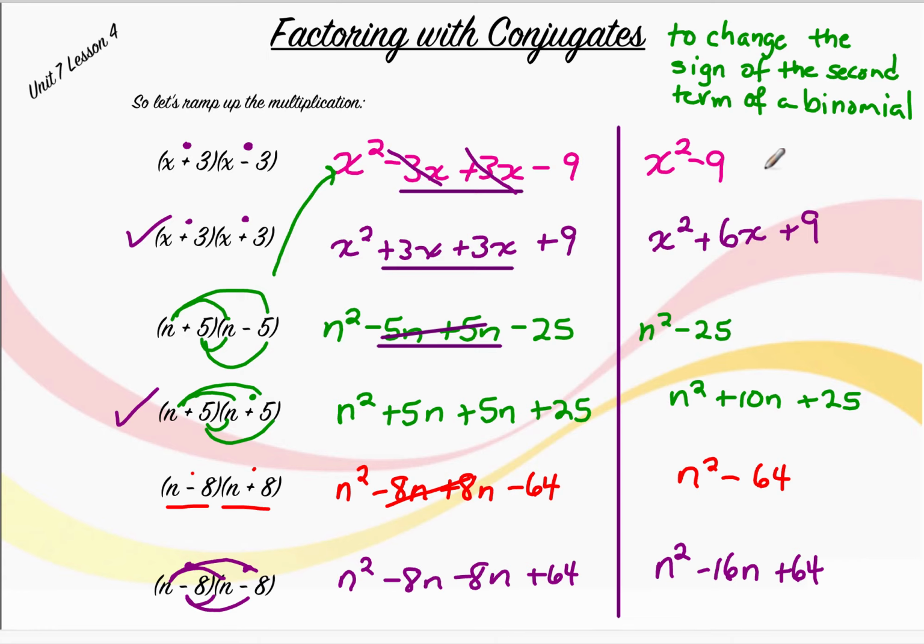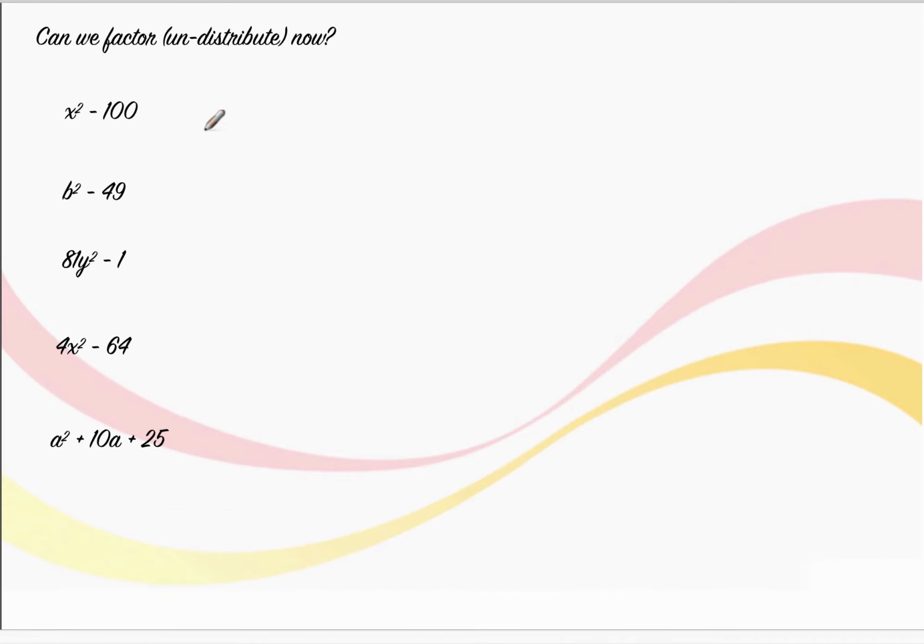It looks like this one, and this one. All of those came when I multiplied two conjugates together. So this is x minus 10, and then its conjugate is x plus 10.